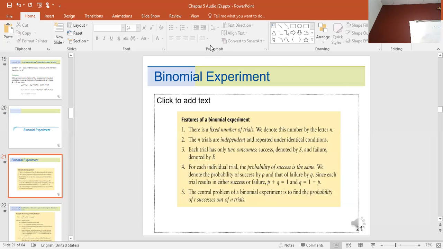All right, N, P, and R or X, the number of successes. So let's do this for probability. Let's say that X is binomial with 6 trials and probability of success 1/3. And we want the probability that X is equal to 4.